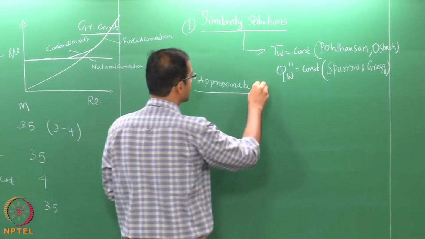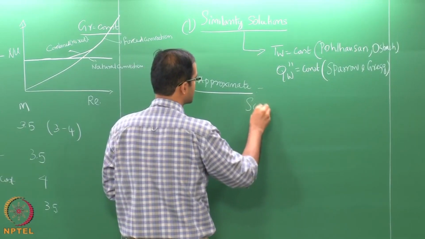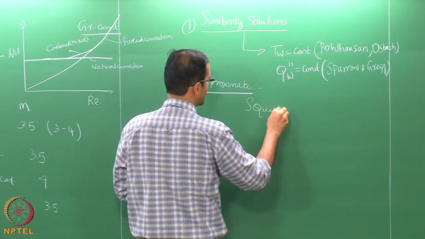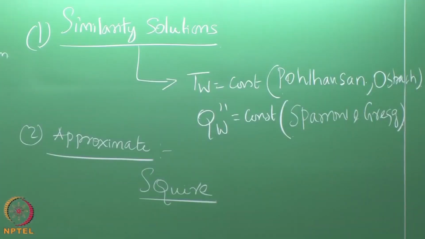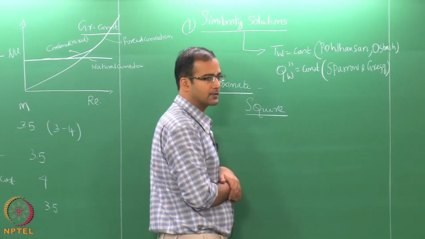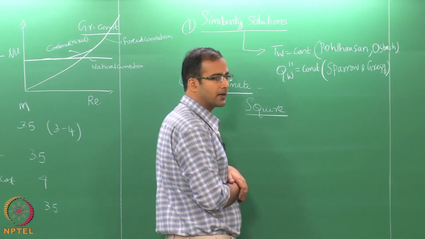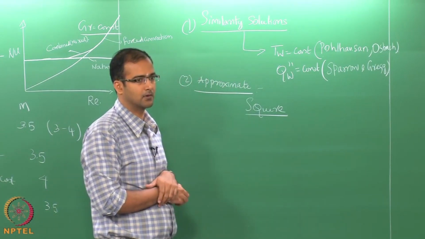The approximate method has been derived by a person called Squire. Okay, using the momentum and energy integral technique, especially for the constant wall temperature boundary condition. Later on people extended the solution to also constant heat flux boundary condition.